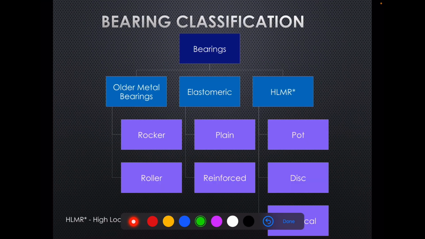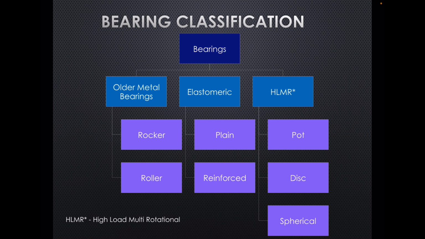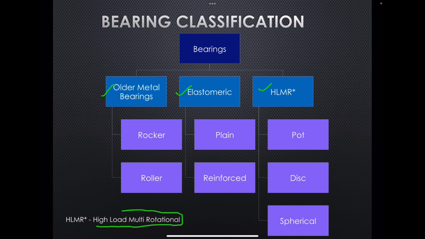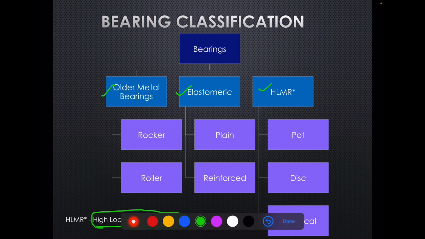If we look at the classification of the bearings, the bearings can be broadly classified into three types: older metal bearings, elastomeric bearings, and HLMR bearings. HLMR means high load multi-rotational bearings. Within older metal bearings, we have very popular rocker and roller type bearings.